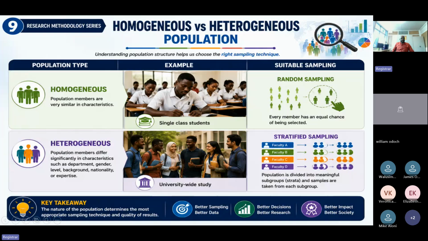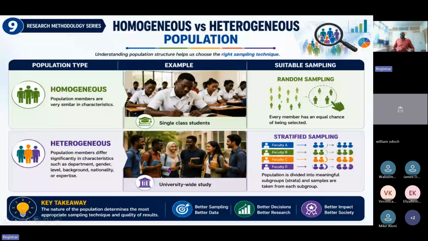So homogeneous, you can use random, but you should have a population frame. All the members under study are known to you. You should be able to draw out a list of the people. Then it is called as what? A population frame.